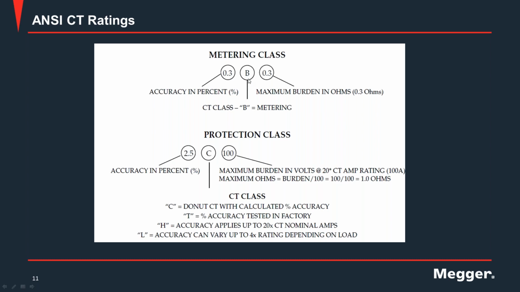The second position, a letter, indicates the class of the CT. In this example we have B, which means class B is a metering class. And the third number is the maximum burden in ohms. So that is just for the metering class.